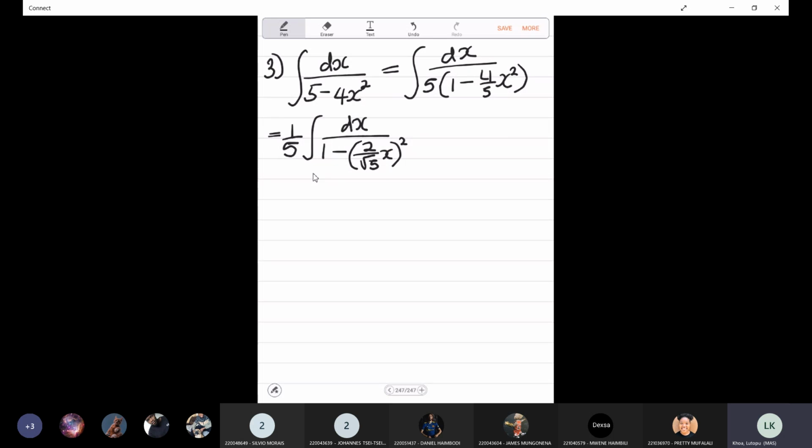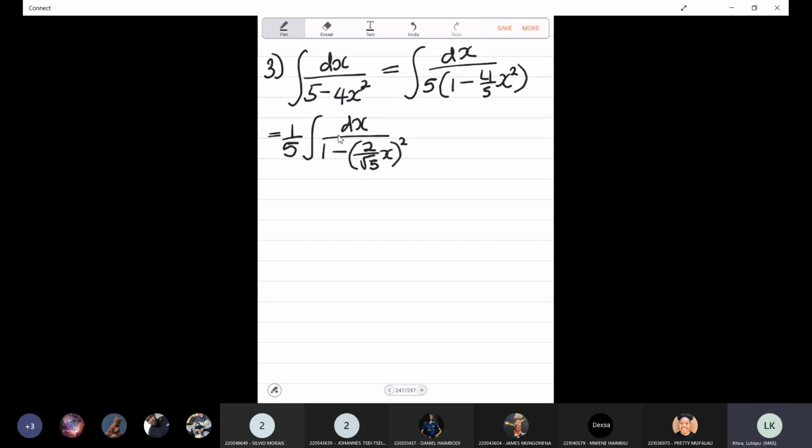Okay, so the denominator is now in the form that we like. Now our numerator over here has to be the derivative of whatever it is we're squaring here. So the derivative of what we're squaring here is 2 over the square root of 5.